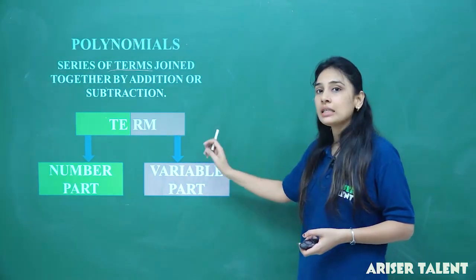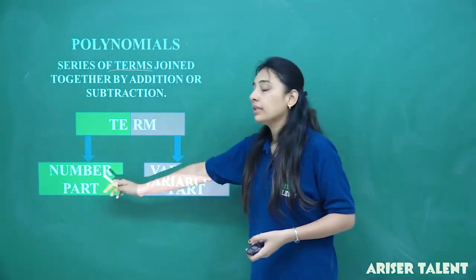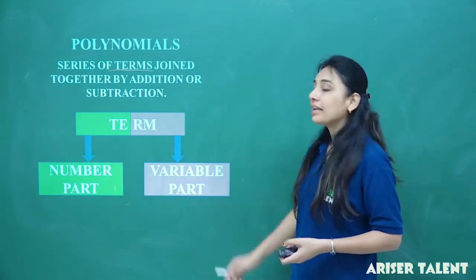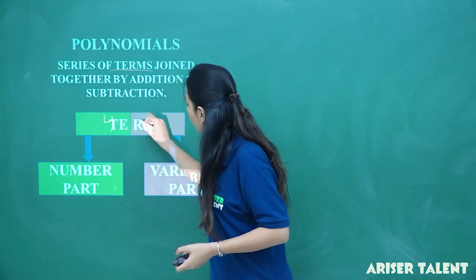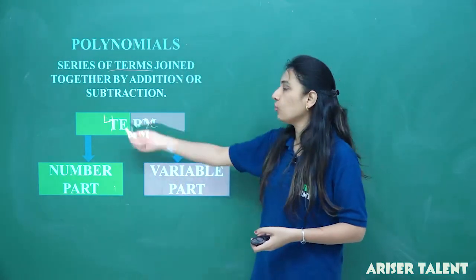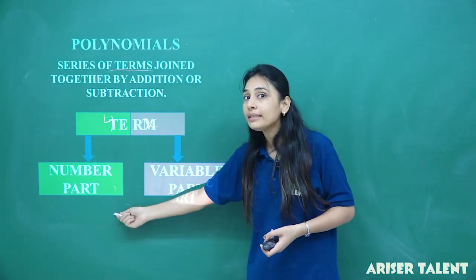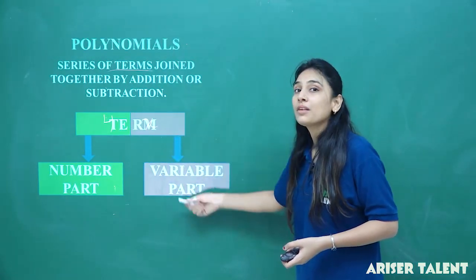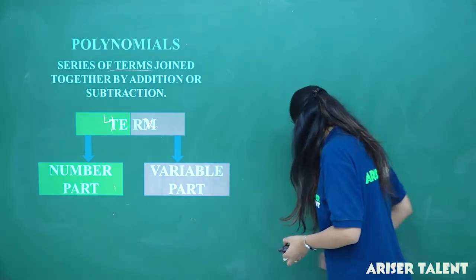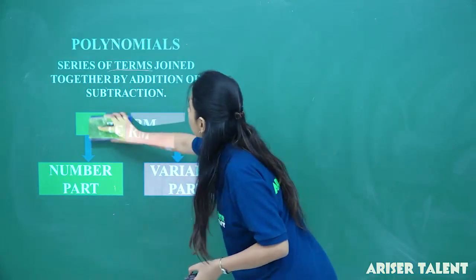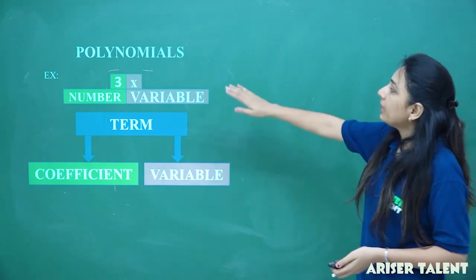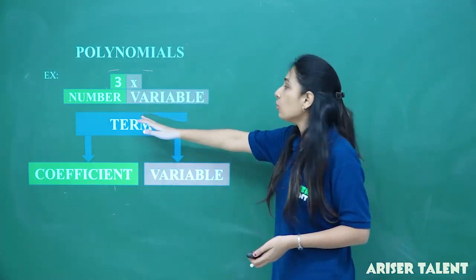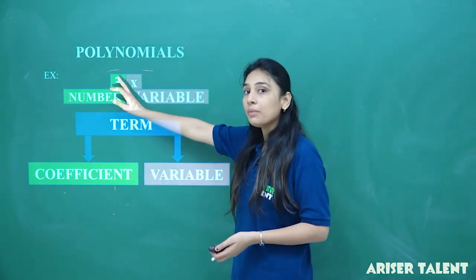So a term is nothing but something having two parts, number part and variable part. If I am having 4x, so 4 will be the number part and x will be the variable part. Now, example 3x, I have told you the number part is simply the number part.